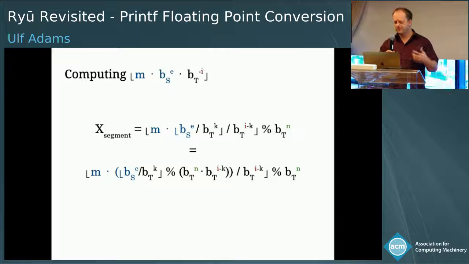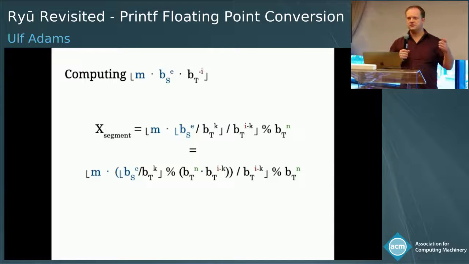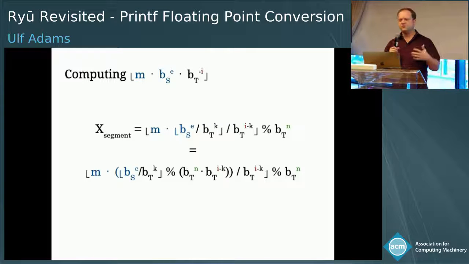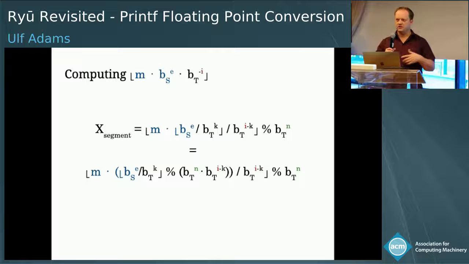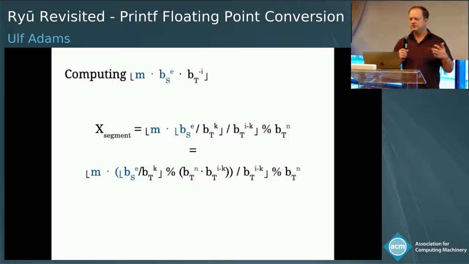Now, does this help us? It does help us. It turns out the shift distance is basically constant for a given floating point type. So for 64-bit floating point numbers, the shift distance is about 64. And the segment length is something that we can decide. We can say, well, let's make the result fit into a 32-bit machine integer.